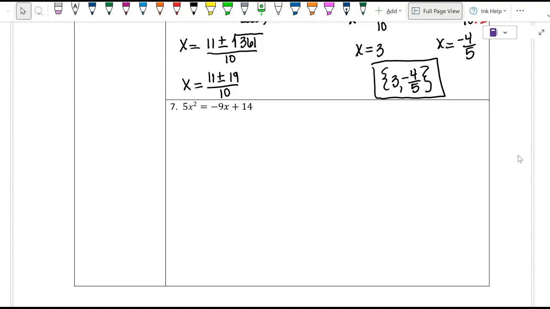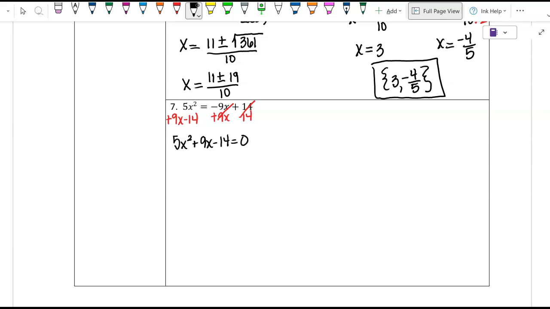So we're at number 7, 5x squared equals negative 9x plus 14. Again, I need everything on the same side, and I'm going to do this in one step. I'm going to add 9x and subtract 14 from both sides so that I can get that right hand side equal to 0. So I have 5x squared plus 9x minus 14 equals 0.